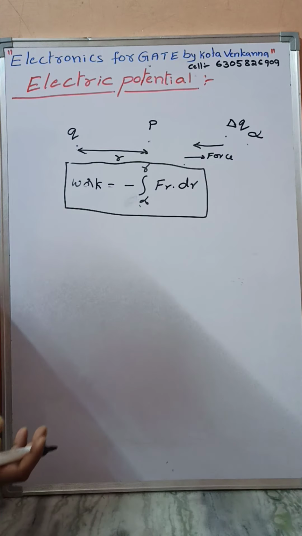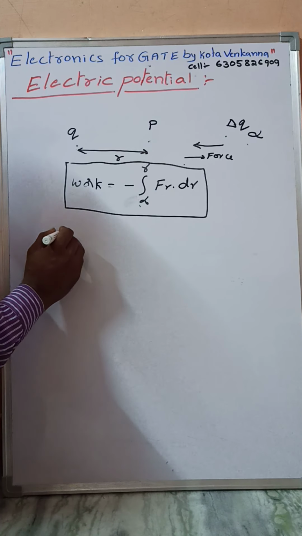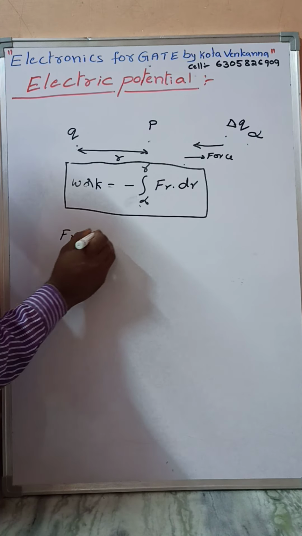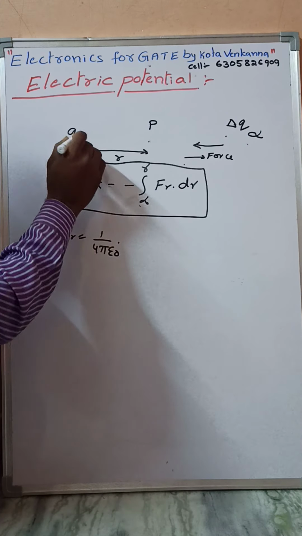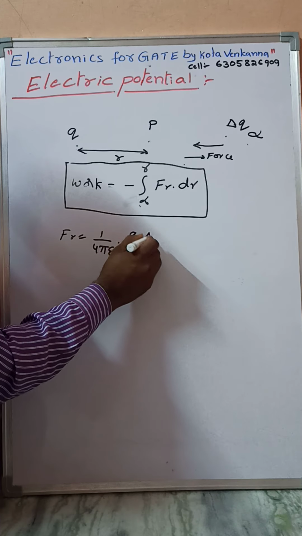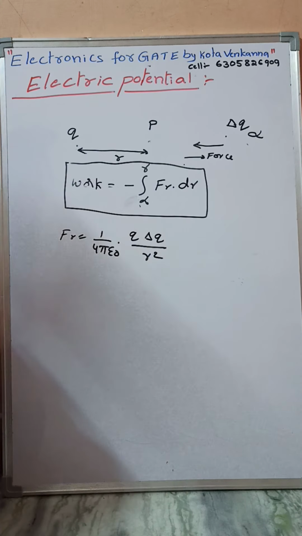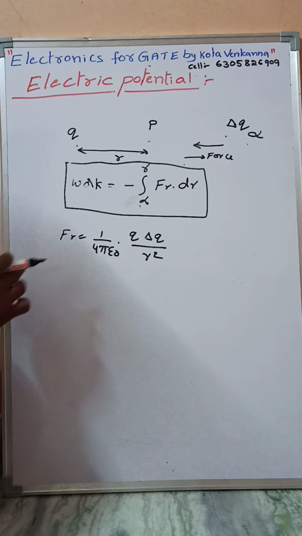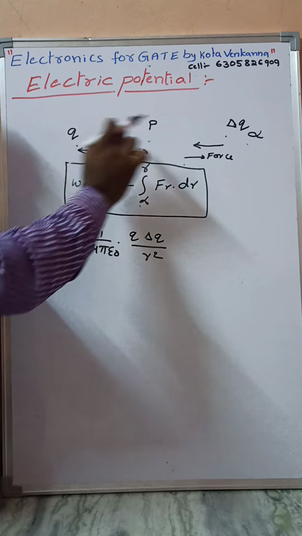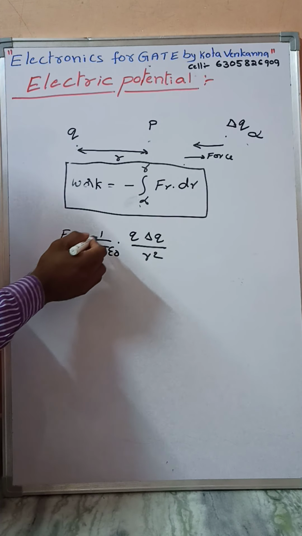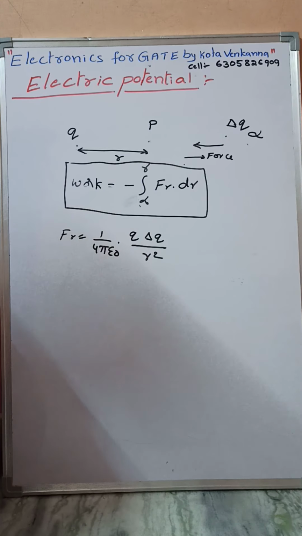F(r) is the Coulomb force between two charges. The Coulomb force F(r) is equal to 1 by 4 pi epsilon naught q del q by r square, the Coulomb force between the charges q and del q.